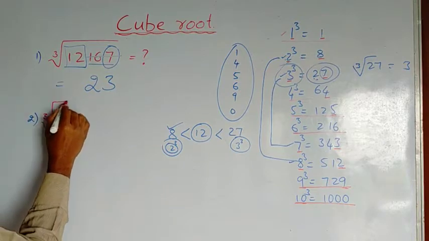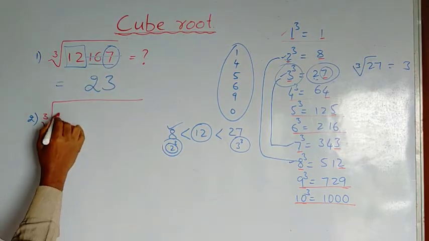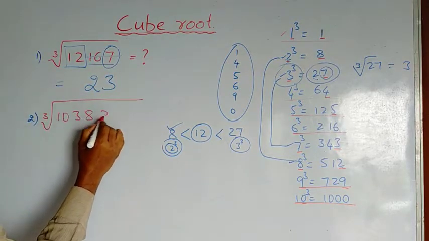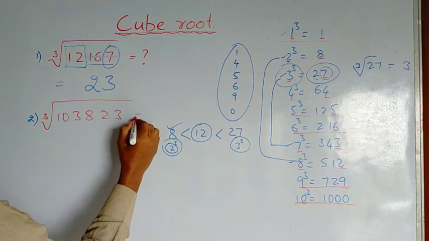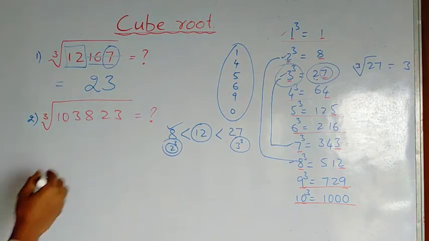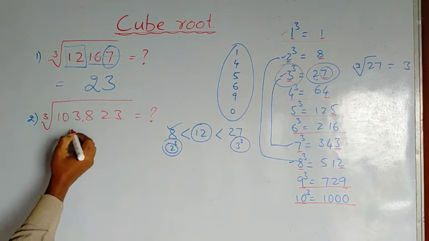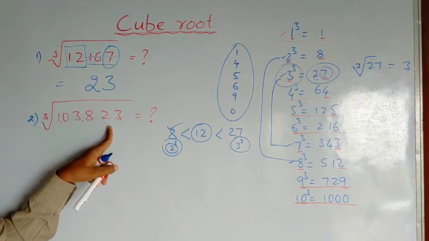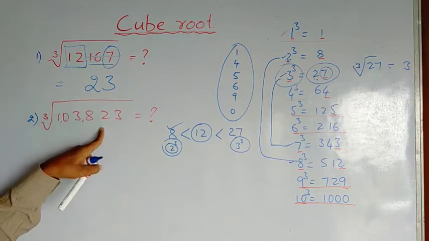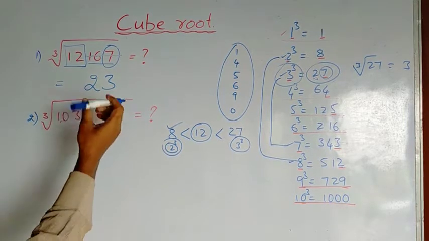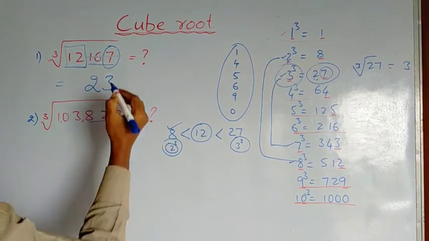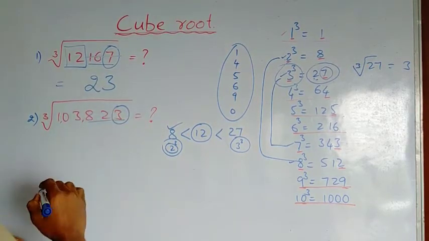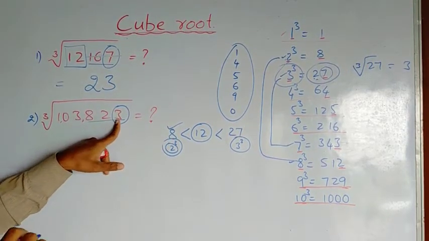Let us take one more example. Cube root of 103823. What is the cube root of this value? As usual, we take these 3 digits, and first check the ones place digit, 3.